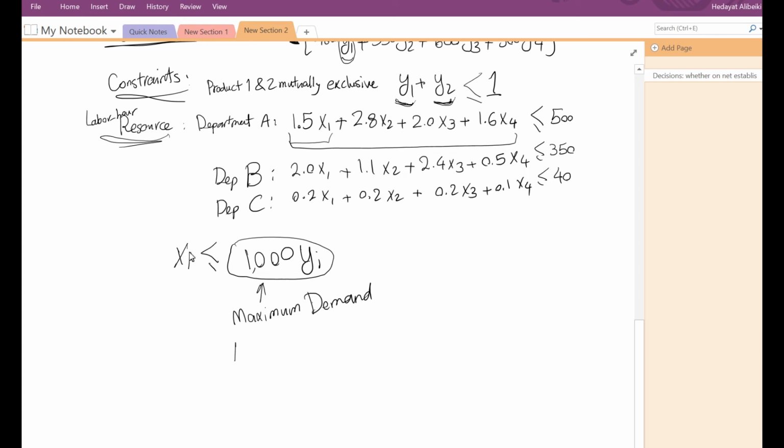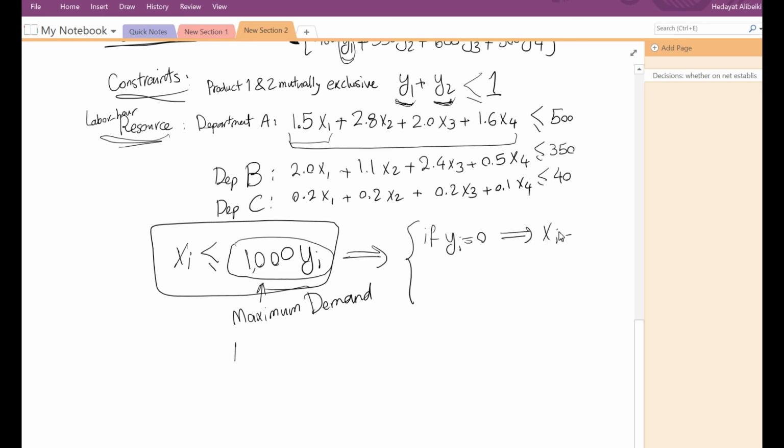So we have this set of constraints: xi less than or equal to 1000 times yi. This linear equation tells us that if yi is 0, then xi can only be 0.